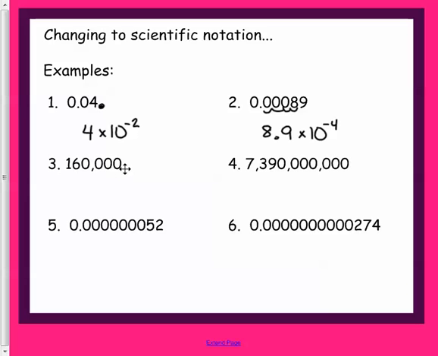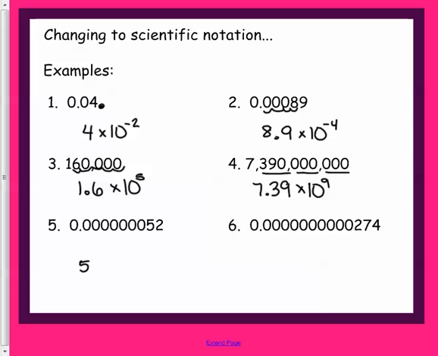Here, it's going to be a bigger number and getting smaller, so we have to make it a bigger number by multiplying by 10, but we're multiplying it by 1, 2, 3, 4, 5, so 10 to the 5th power. Here, I'm going to make it 7.39, and I'm moving it 3, 6, 9 places. So this is why it's 10 to the 9th power.